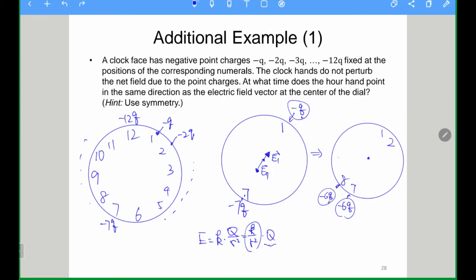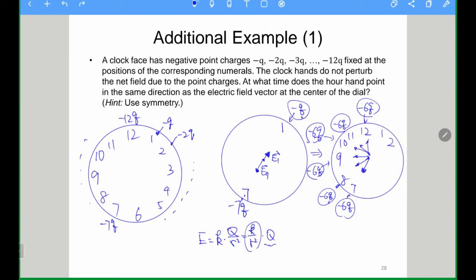So as with 9, 10, 11, and 12, all of them will have negative 6Q. So we will have 6 vectors pointing to the numbers 7 up to 12.